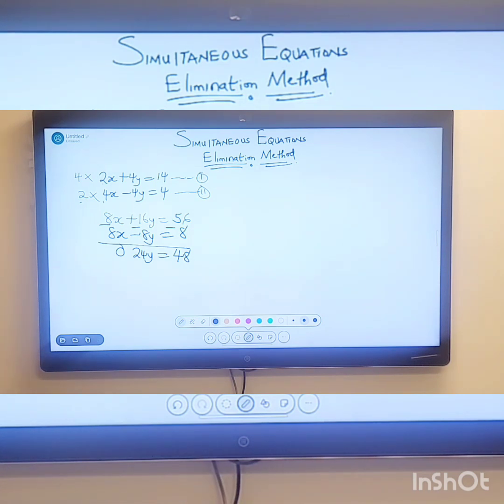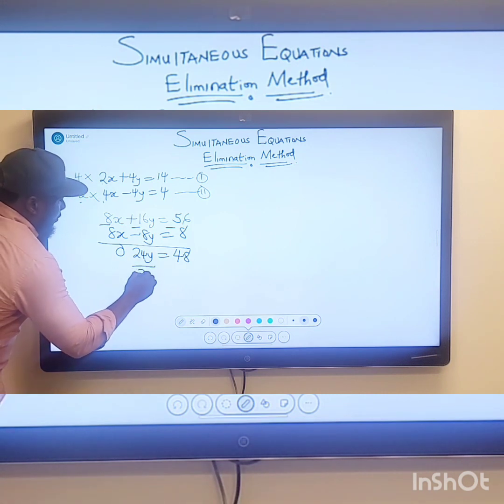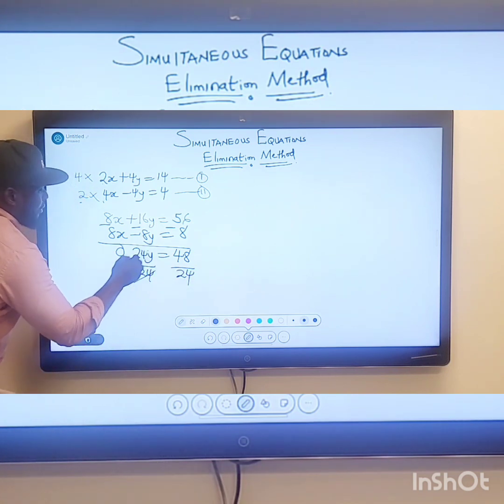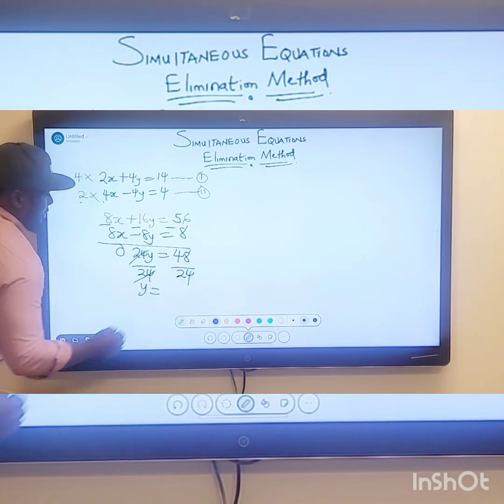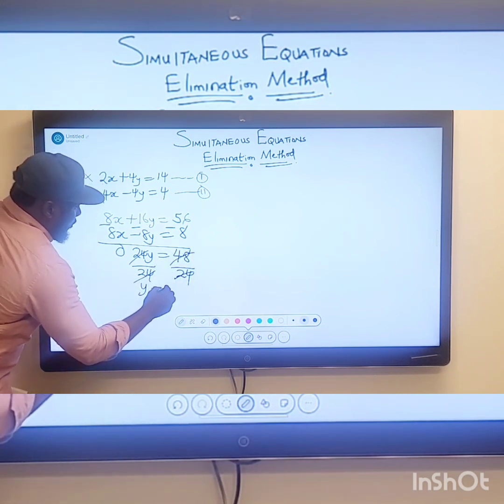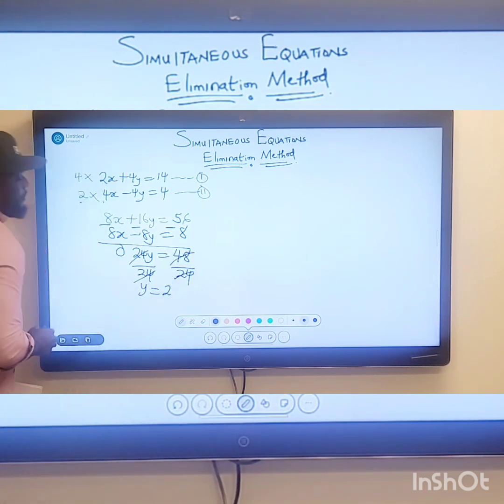So now we'll divide both sides by 24. So 24 will cancel this, and y is equal to 48 divided by 24, which gives us 2. So that means our y is 2.